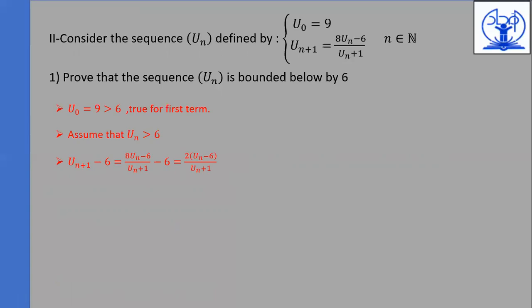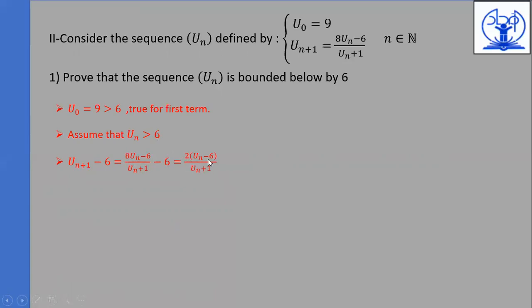So we need to prove that u_{n+1} minus 6 is positive. u_{n+1} minus 6 is (8u_n - 6)/(u_n + 1) minus 6. Simplifying this and taking u_n + 1 as common denominator. As you can notice here, the denominator is positive because I know that u_n is larger than 6. We have already assumed this.